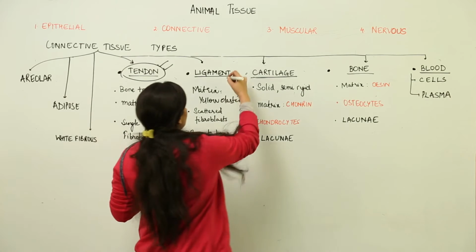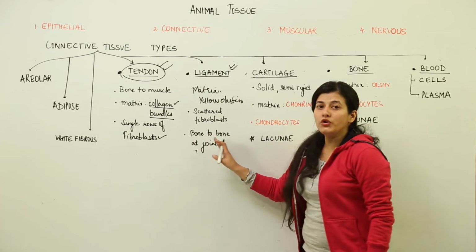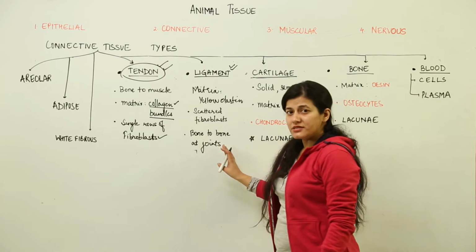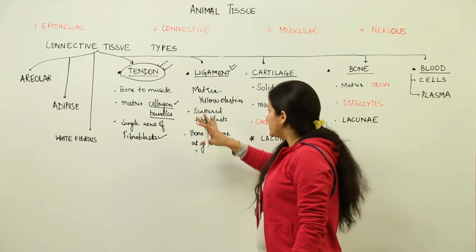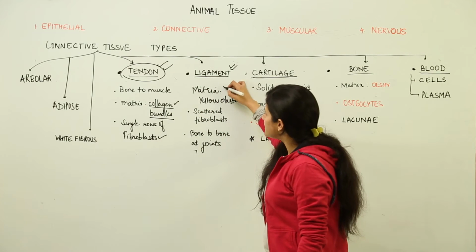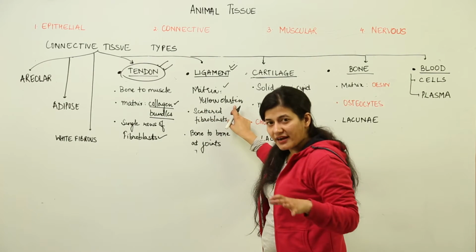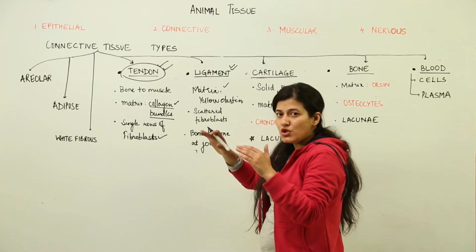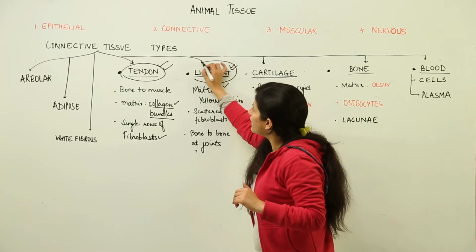Then the next thing is the ligament. What is the ligament? Ligament joins bone to bone, which enables the movement. Now let's see what its matrix is made up of and what the basic composition of the tissue is. The matrix is made up of yellow elastin fibers which are scattered randomly here and there. So there is no regularity, and this happens to be dense irregular tissue.